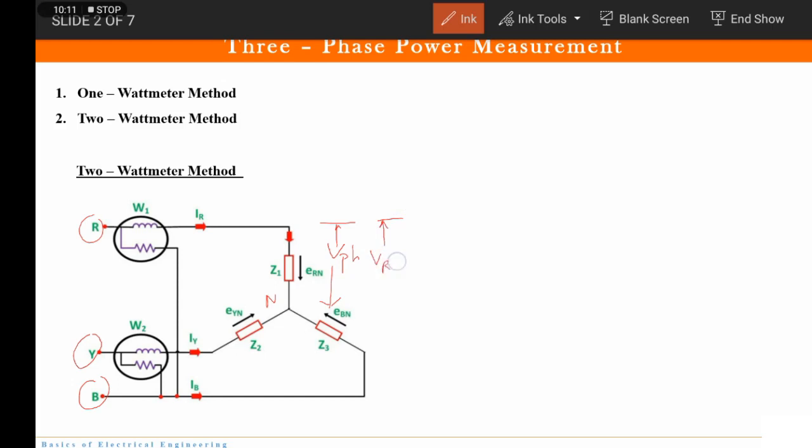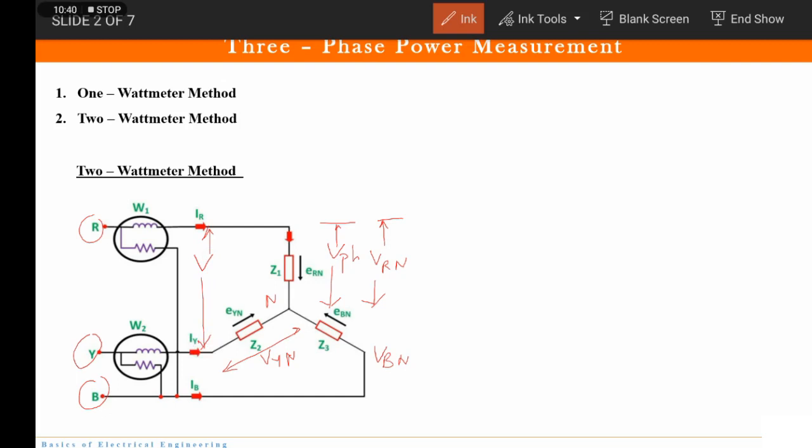It will be VRN, correct? Similarly, the voltage between these two points will be VYN, and here the voltage will be VBN, right? And this is the line voltage.